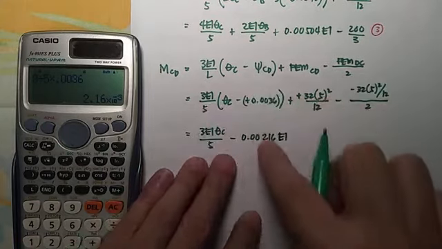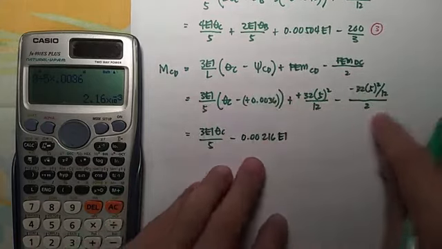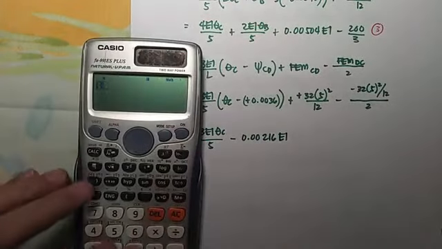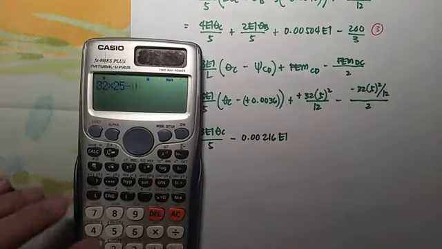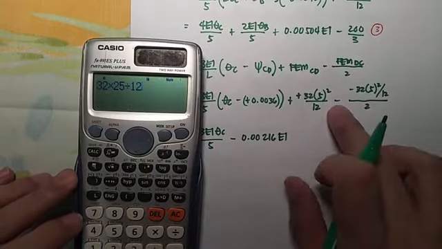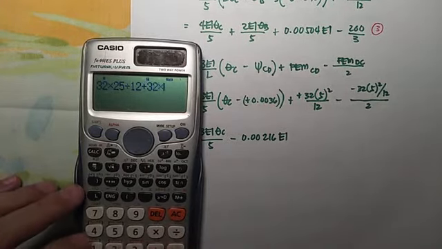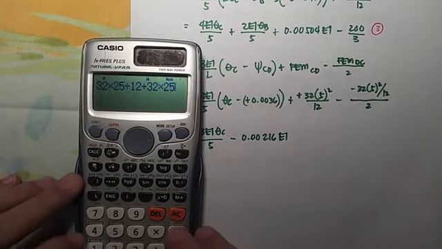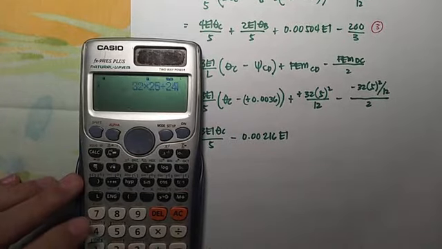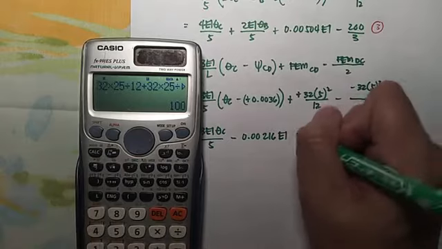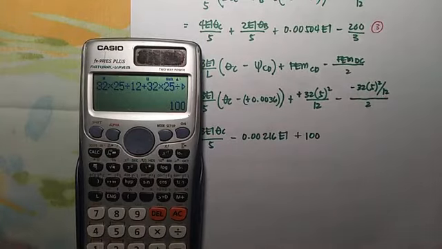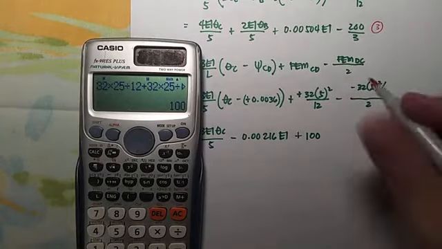Then, this one would be 32 times 25 over 12 minus, so magiging plus 32 times 25 over 24. So, we have plus 100. Ayan. So, that would be our fourth equation.